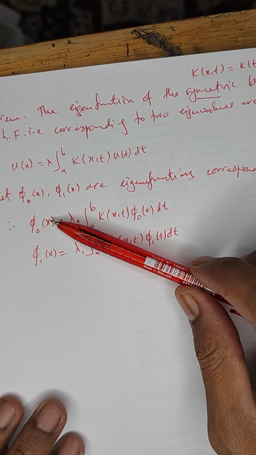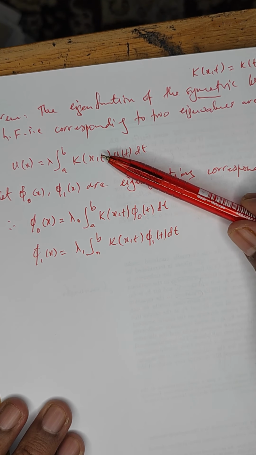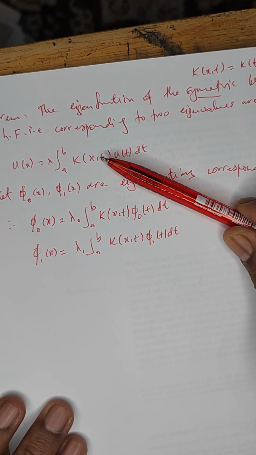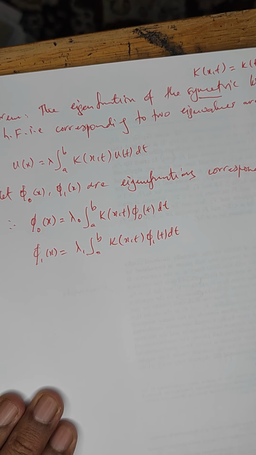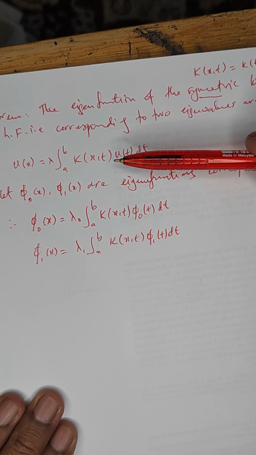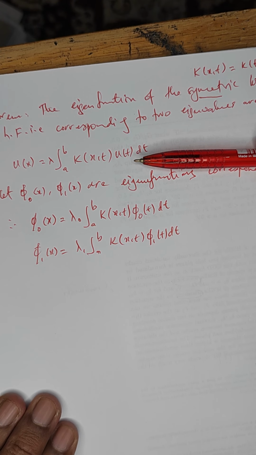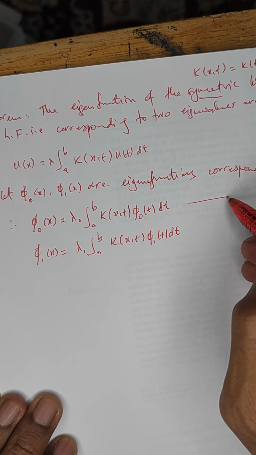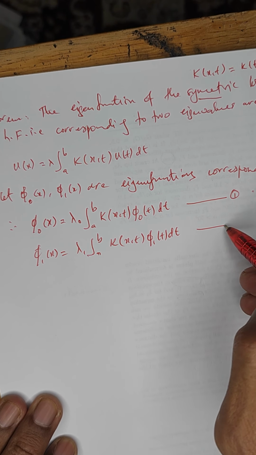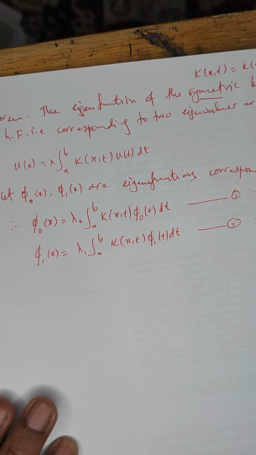We can do this because the eigenfunction, basically the solution of our homogeneous Fredholm integral equation corresponding to the eigenvalues, must satisfy the homogeneous Fredholm integral equation. So let's call this equation 1 and this equation 2.